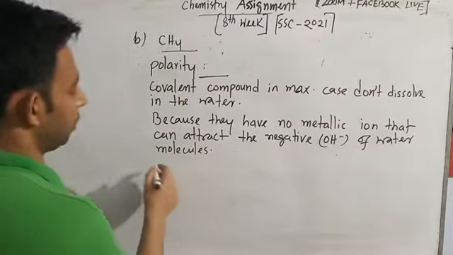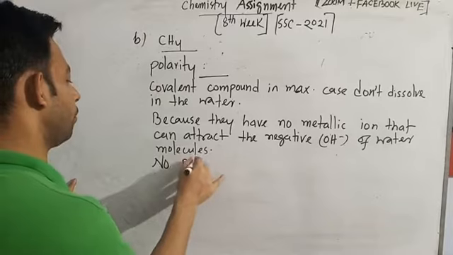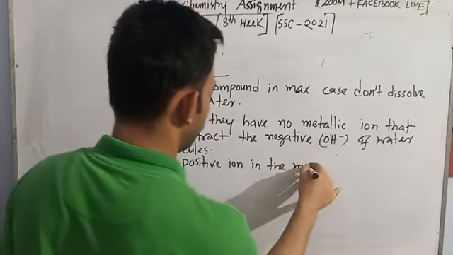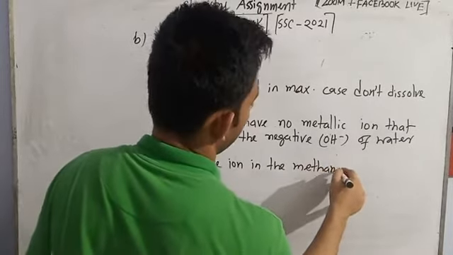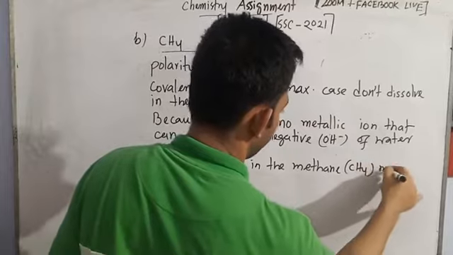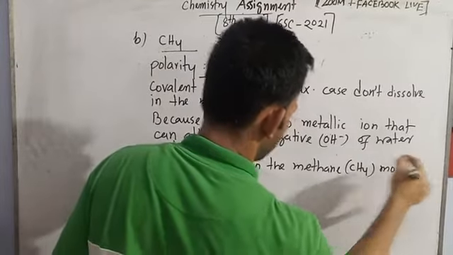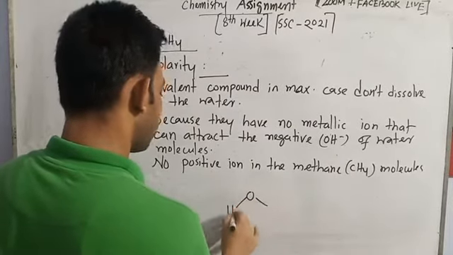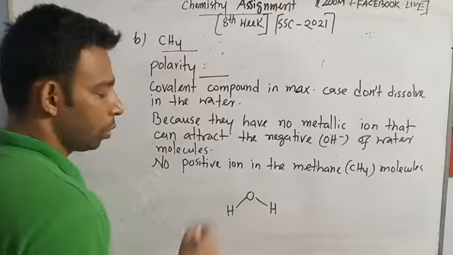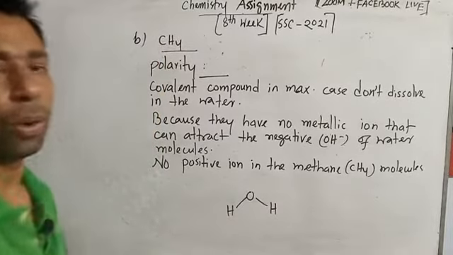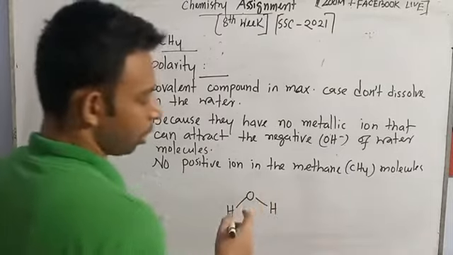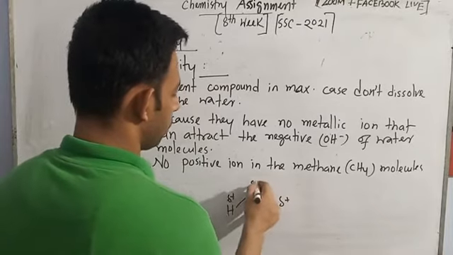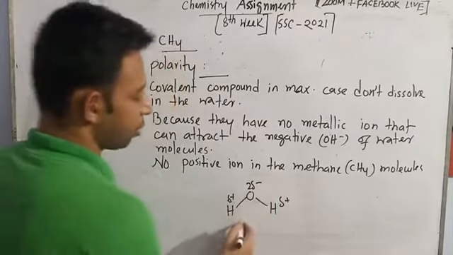So there is no positive ion in methane. Water molecules, H2O, will form or are likely to have partial plus and partial minus charges.